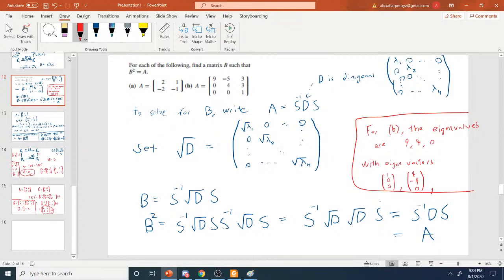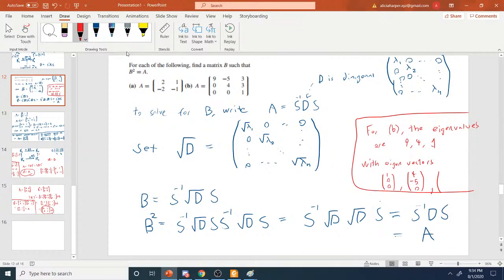And then 1 is an eigenvector, not 0. 9, 4, 1. And then for 1, let me think about that for a minute. Oh wait, I'm sorry. This should be negative 5.